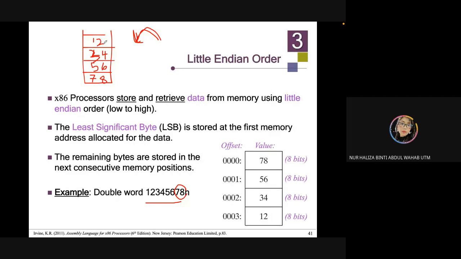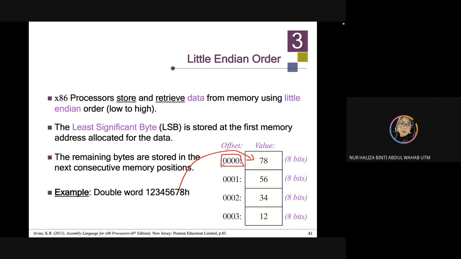When you want to take it back out, you're going to pour it back. It's going to be this first, and then this first, and then lastly this one. So the first thing that you're going to put in is 78. It starts with 000.